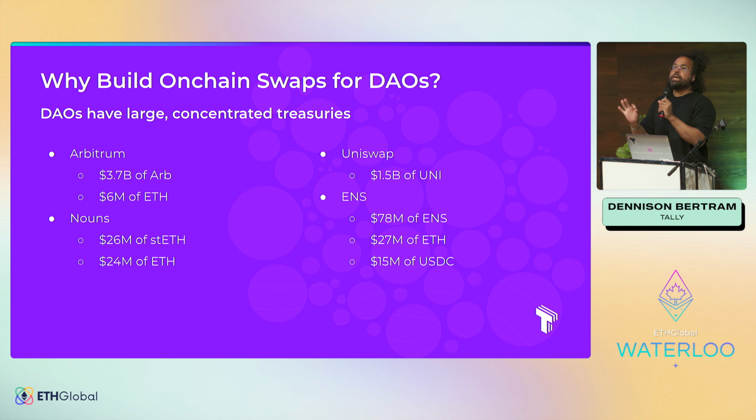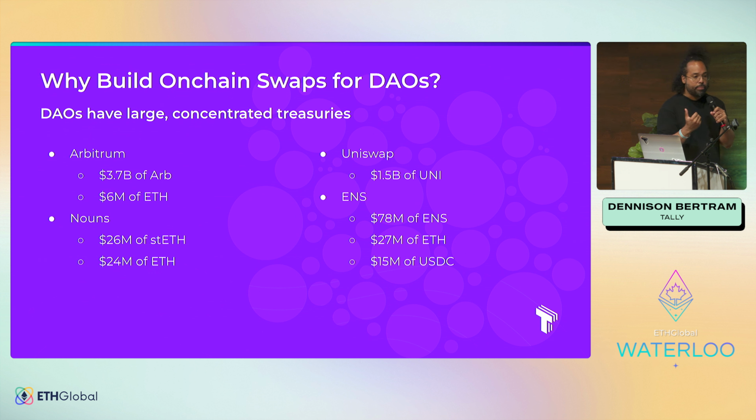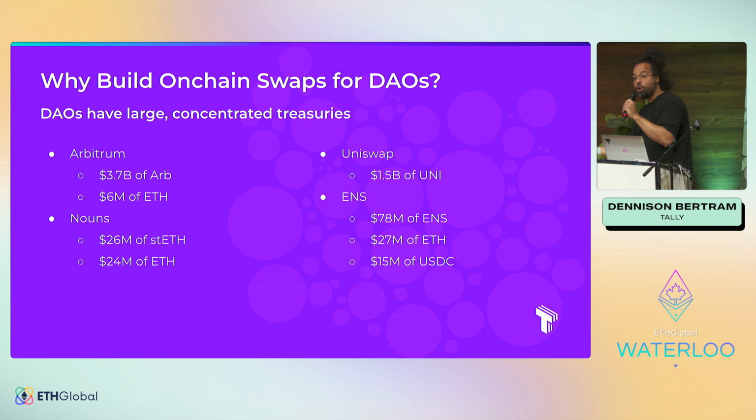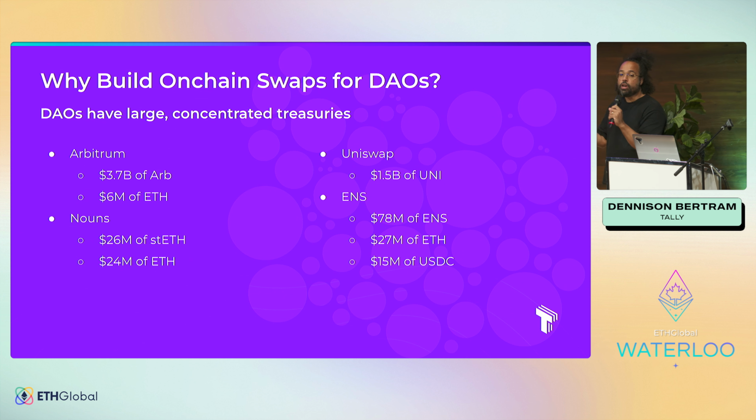So why build on-chain swaps for DAOs, right? This is a problem that might not be entirely obvious, but DAOs in general have very large but concentrated treasuries, right? There's a meme that happens every now and then around treasury management, especially when prices are going down and DAOs are like, do we have runway? Do we have enough money to fund different things?